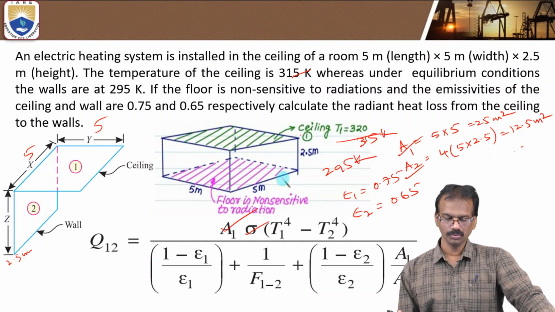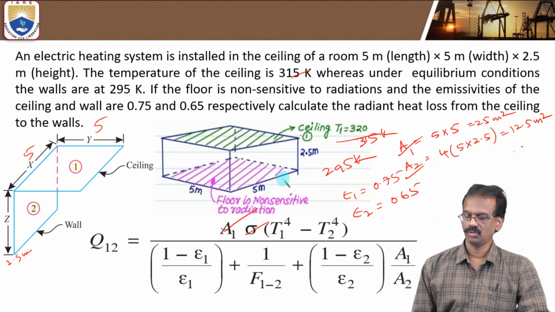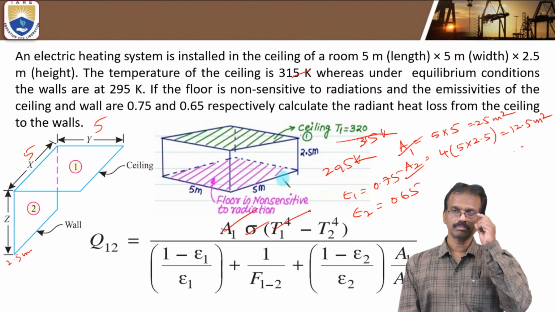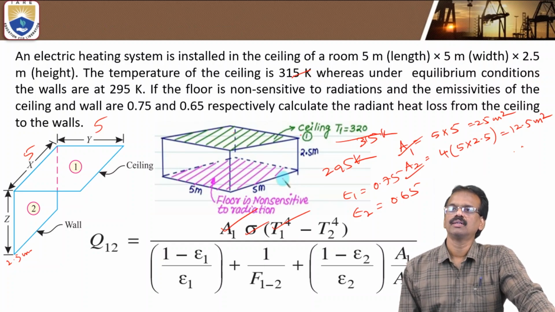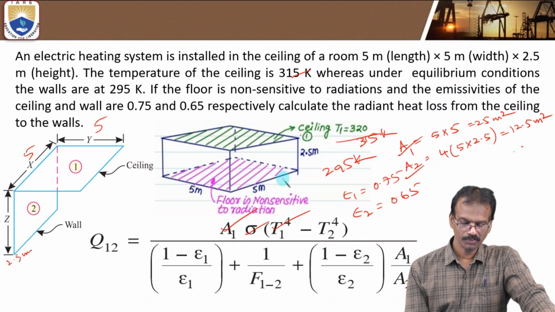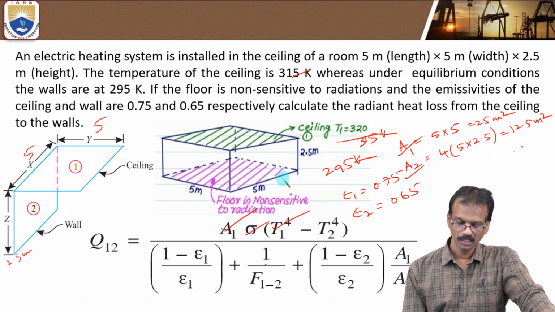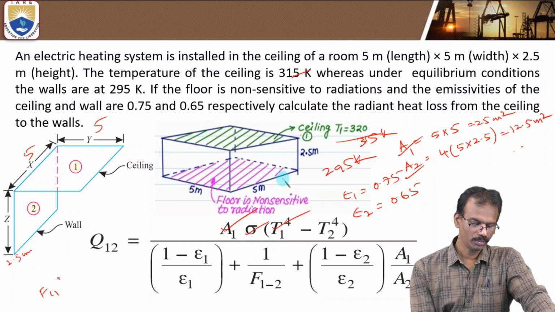If you substitute all these values in this formula, area is equal to 5 into 5, 25. 5.67 into 10 to the power of minus 8. T1 is equal to 315 to the power of 4 minus 295 to the power of 4, by 1 minus epsilon 1, epsilon 1 is equal to 0.75, by 0.75. F12, you know that between the two surfaces, if you apply the formula, F11 plus F12 is equal to 1.